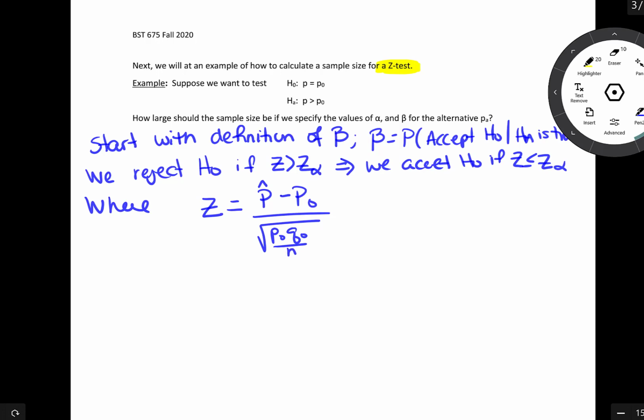And one thing to note here is both the mean of the sampling distribution and the standard deviation of the sampling distribution both depend on the target parameter. So since both of those depend on the target parameter, this has to be the value of the target parameter, assuming that the null hypothesis is true.